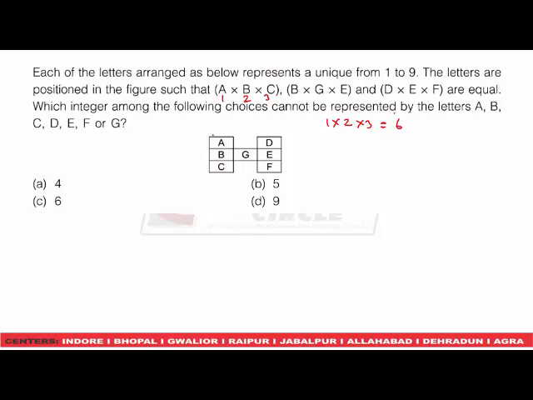Now since each of the numbers is unique, we have to select from 1 to 9, and it is a simple conclusion that we have the options from 4 to 9, and multiplying any three values will always give a result greater than 6. So we have to select some numbers which get multiplied to give not a much larger value and not a much lower value.